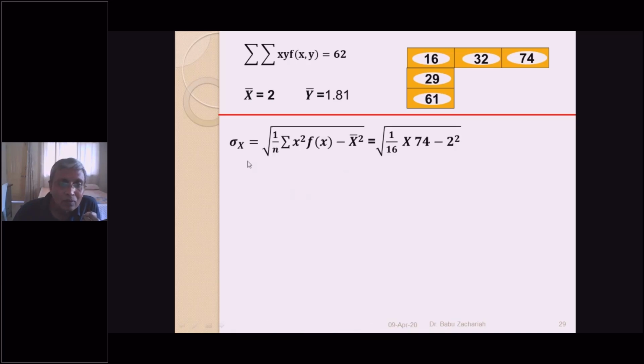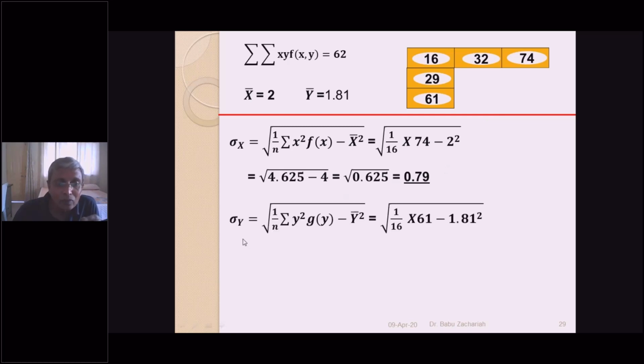So now sigma x is the square root of 1 by n, sigma x square f of x minus x bar square. 1 by 16 into sigma x square f of x is there, minus x bar square. That on calculation I get 0.79.